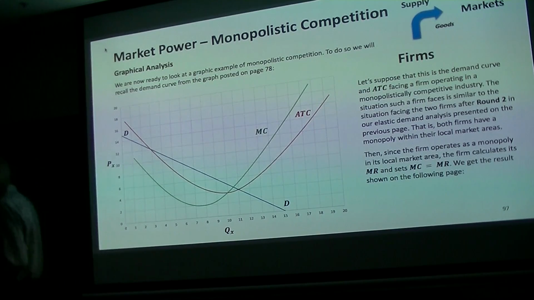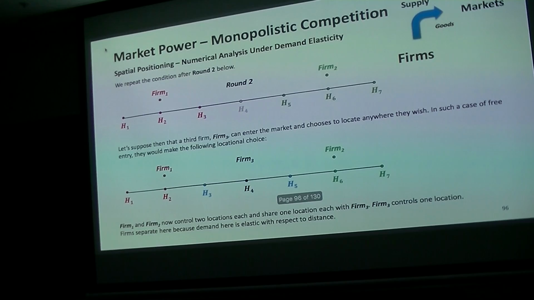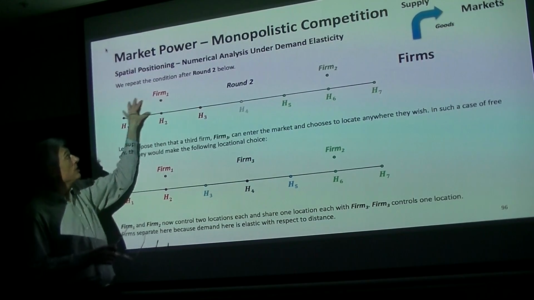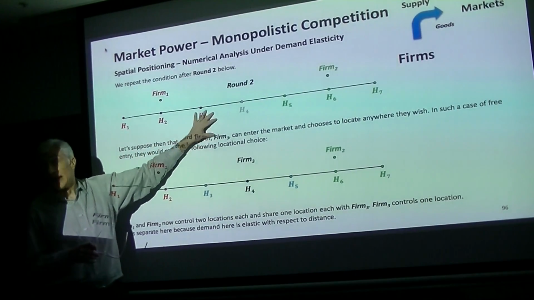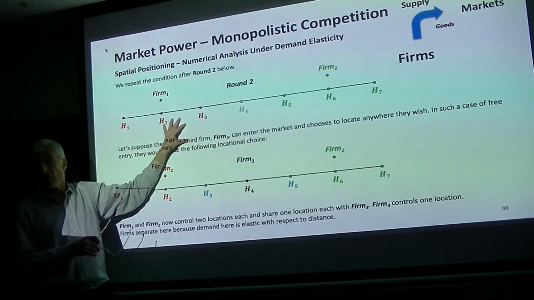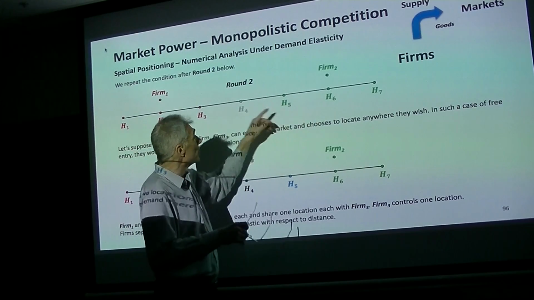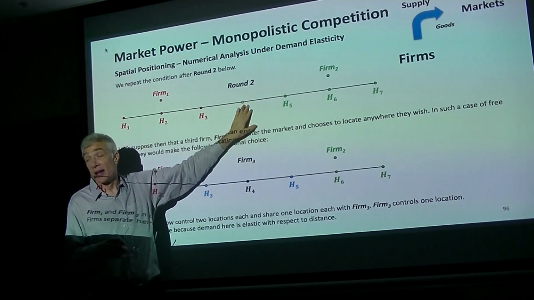So one of the things here, a firm comes in. For example, here there's a big area. This firm controls three spaces. This space is not served.